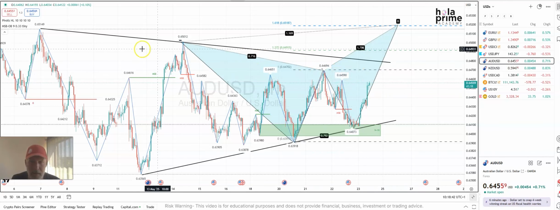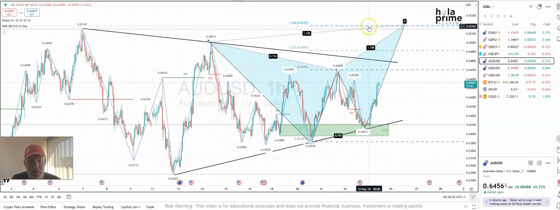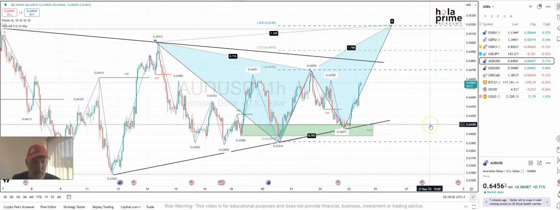What I think we're going to do here is break out of this triangle formation. Swing traders might look at that as a long-term buying opportunity. I think all that's going to happen is that we could potentially move up to here, which is 65.18, take out stops above the previous high, which are at 65.15, and then just move lower. So not a product that I recommend trading at the moment.